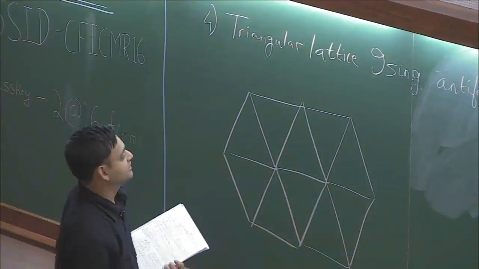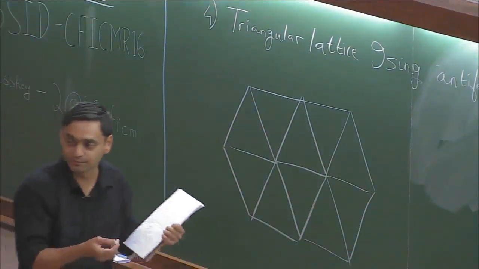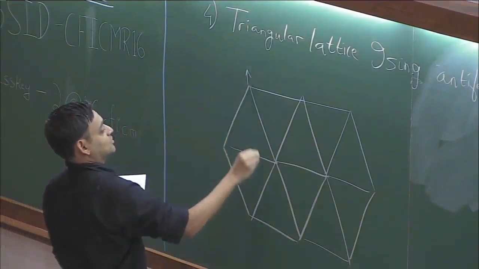And as we've already discussed, even at the level of a single triangle, there are 6 states that minimize the energy. So let's start with some state.